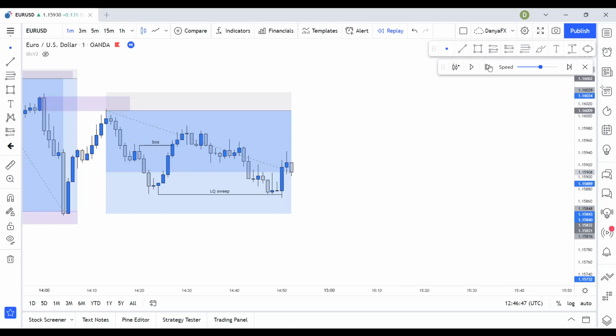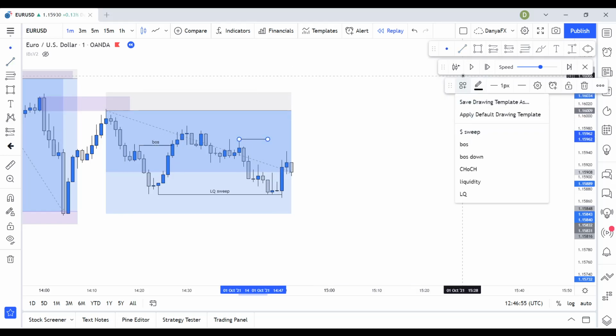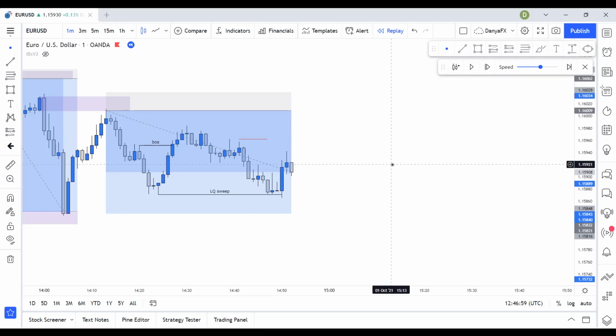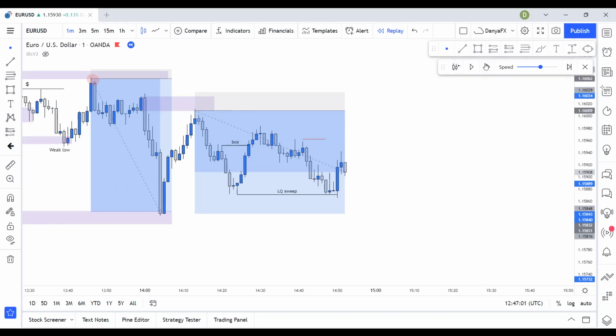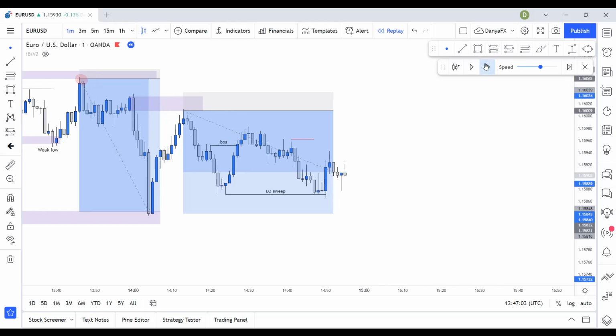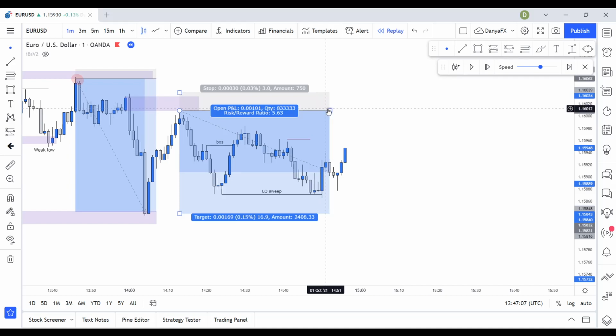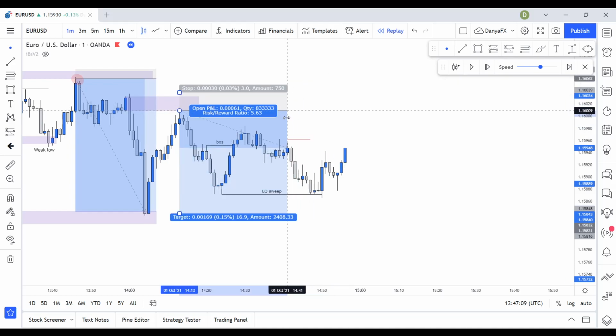So at this point, if I took this trade, I would put my stop loss somewhere here. Now let's see what the price action does.